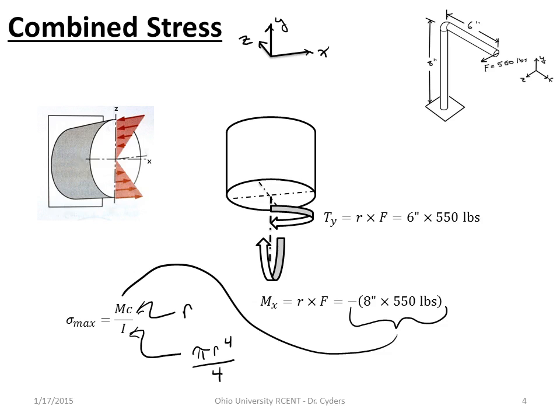We must remember that across this entire cross section along the x-axis, because that's the neutral axis in bending, the stress is 0. So we have no bending stresses at point B, but we have maximal bending stresses at point A, and they're compressive.